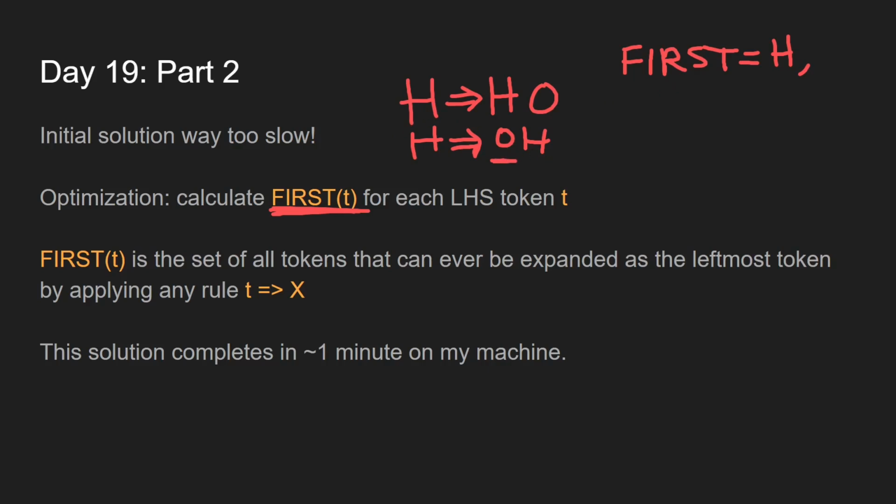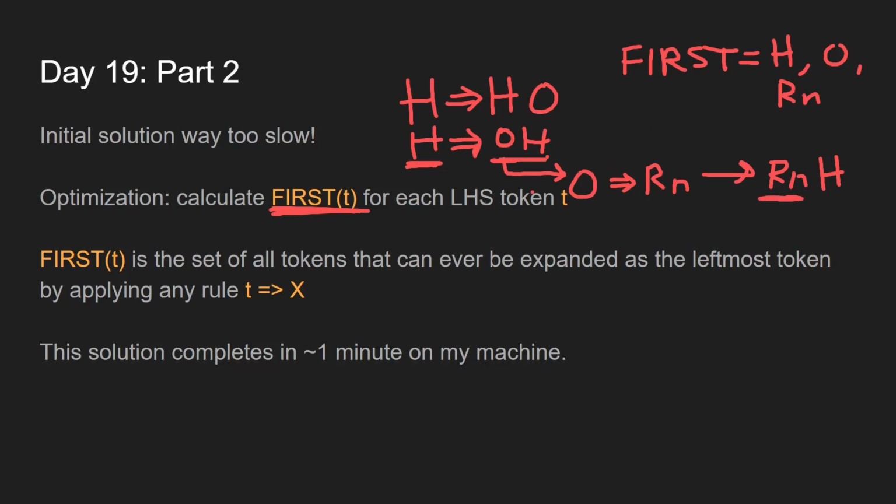Now O is the first token in the result, so then we add O. And then imagine if we have another rule that O can be replaced by Rn. Then from the initial H we could get OH, and then by using the rule O equals Rn here, we can get RnH. So we got RnH from the initial H, so that means we have to add Rn into the first set, because now Rn is the first token.